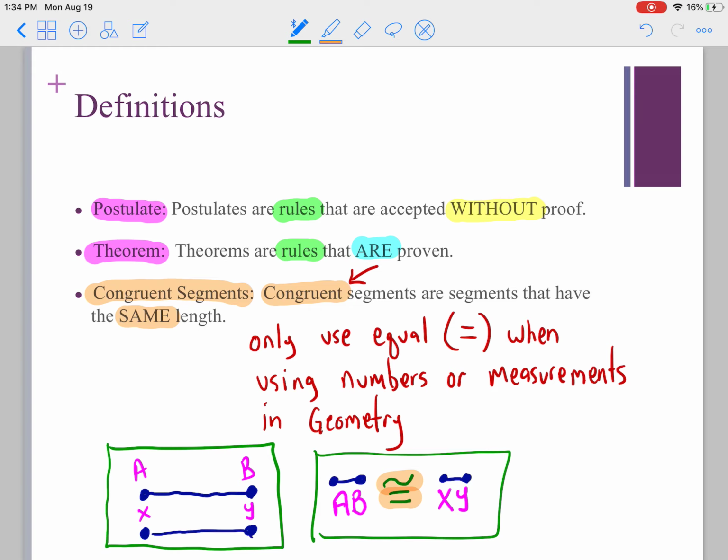So congruent means same. That is very, very important. Congruent means same. Okay? So congruent segments are the same length. I'm going to say that over and over again. That will recur throughout geometry.